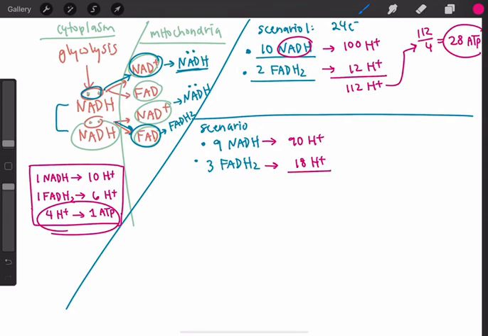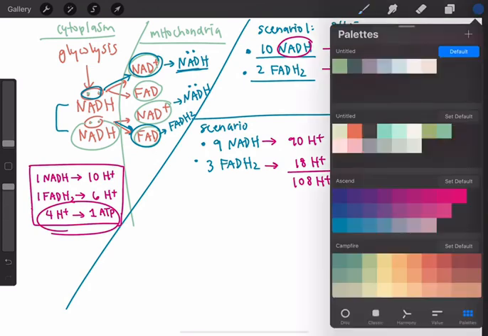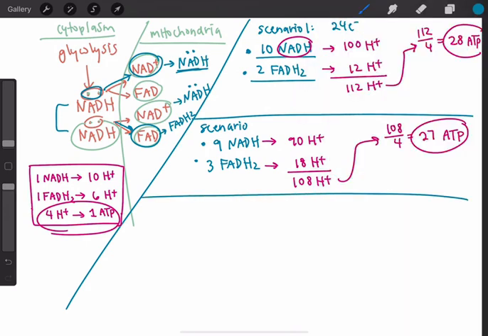You add this up, you'll get 108 protons. For every 4 protons, you make 1 ATP, which gives you a total of 27 ATP molecules. That's scenario 2.